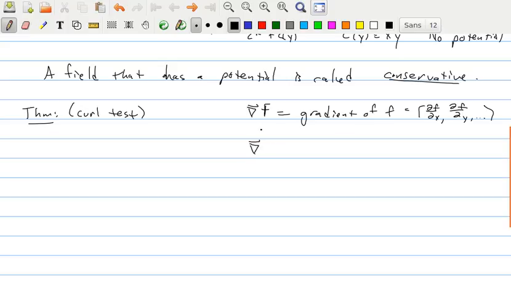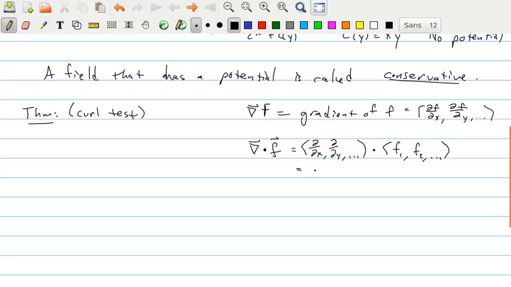We've got two related operations. The first one is called the divergence, and the divergence applies to a vector field, and it's written as this symbol dot f. If f is a vector field, think of this gradient symbol as the partial derivative operator, and we're dotting it with the field f.